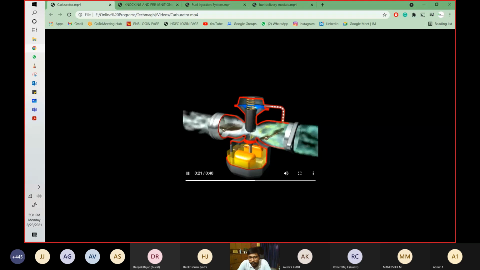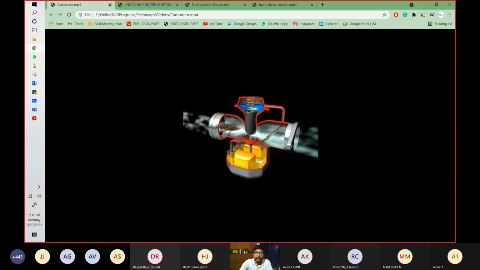This is how the air-fuel mixture is controlled. The air is the same. The quantity of fuel is what we are controlling by pulling up this cable or this spring. So this is how your carburetor works.